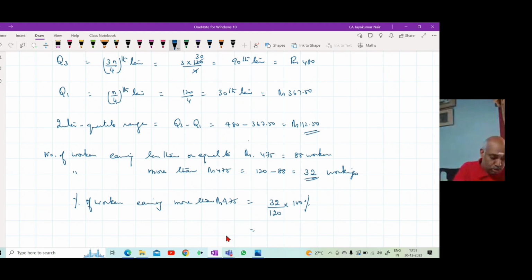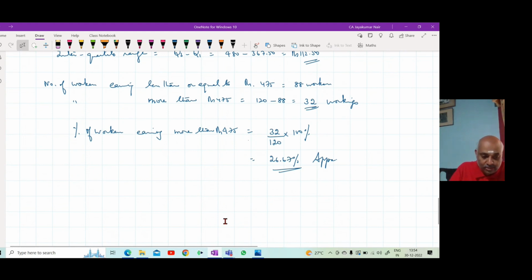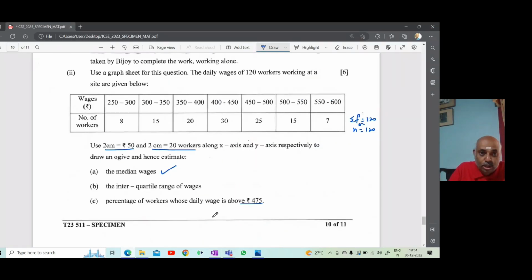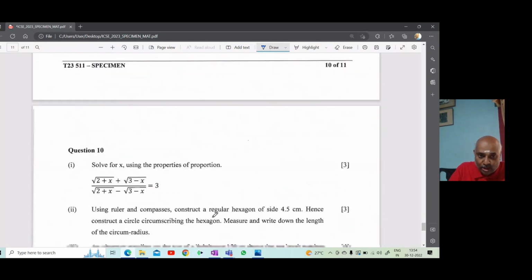So what do you get when you solve this? 32 over 120 into 100, you get 26.67% approximately. So that's the answer for the ninth main, second one.